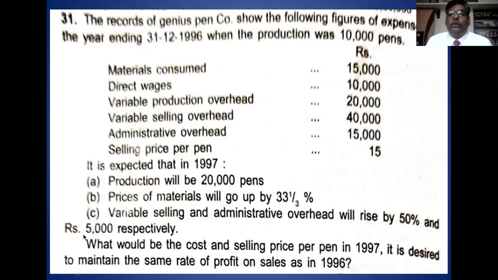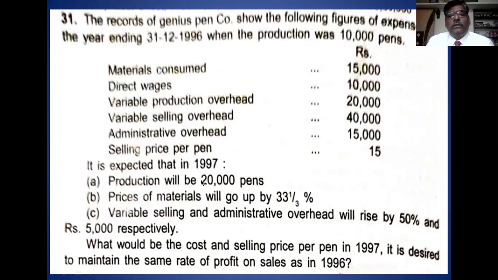And administrative overhead is a fixed one, so you calculate on the total amount. What would be the selling price per pen for the year 1997 so as to maintain the same rate of profit as in 1996? Whatever profit percentage you made in 1996, the same profit percent is expected in 1997 also.